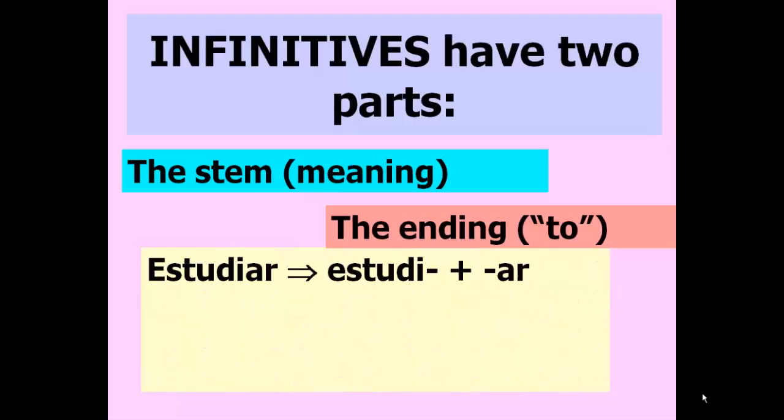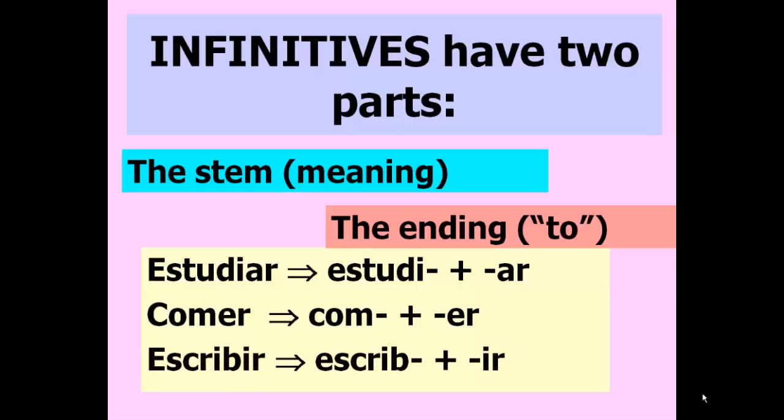So we have estudiar, which can be divided into its stem, estudi, and ar, to mean "to study." Comer, an ER verb, would be divided into com for "eat" and er for "to eat." Escrib would be the stem and ir the IR infinitive ending to get "to write."